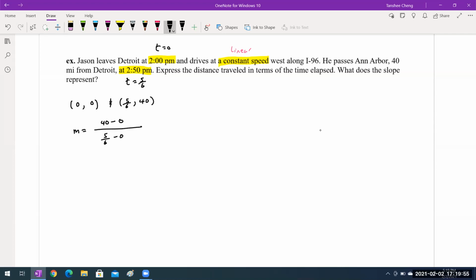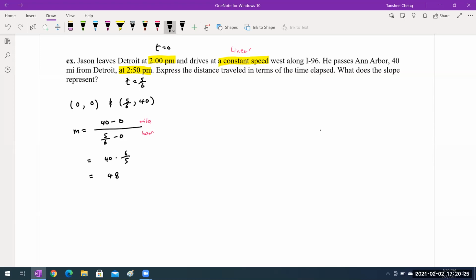When you simplify this, that will be 40 times 6/5, so 8 times 6 is 48. And this is the slope. We know that this is miles per hour. This will help us to interpret one of the questions that's being asked.